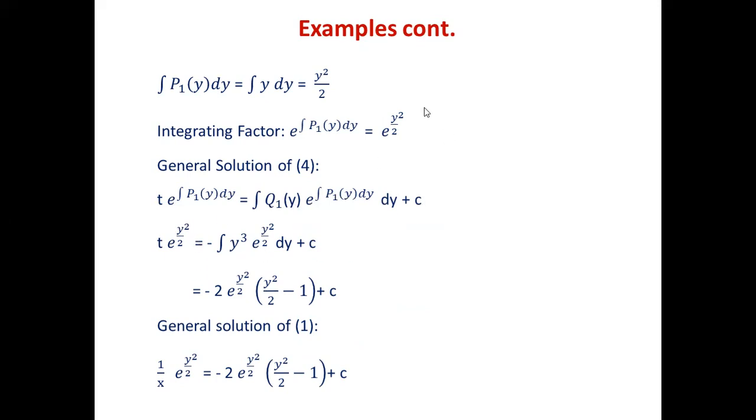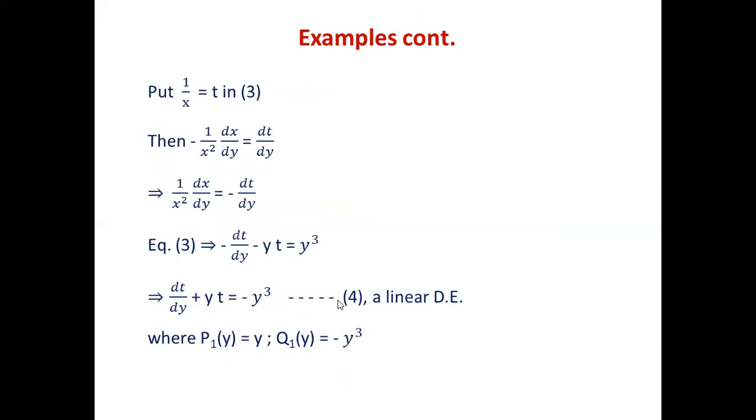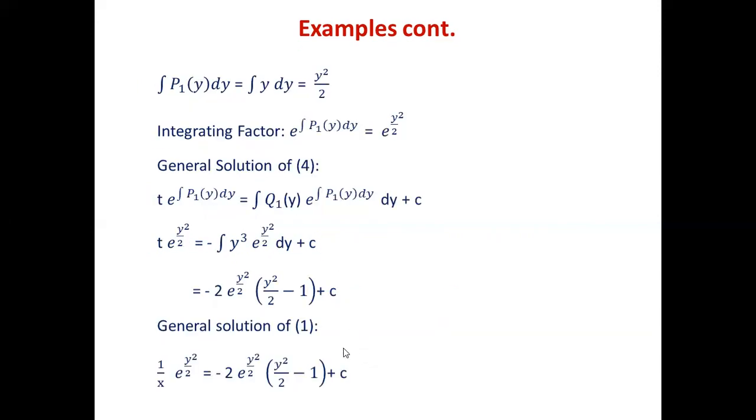So substituting for the integrating factor, you get the general solution of the linear differential equation in t. And on replacing t by 1 by x, we get the general solution of the given Bernoulli's differential equation.